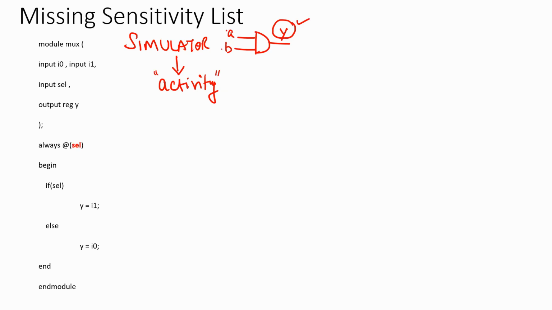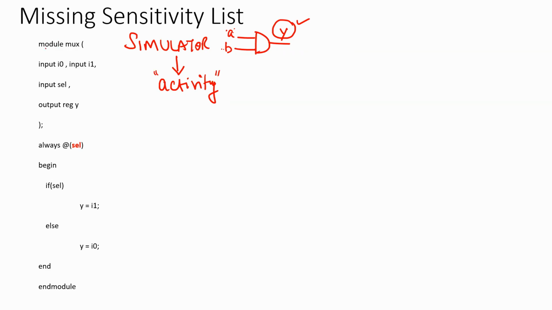Correct? If neither a nor b changes, the y will not change at all. So a change in input only can cause a change in output. If all my inputs are stable, there is no reason for the output to change. So the simulator will look for activity. If there is no activity, it will not evaluate the output at all. That's the way simulator works.